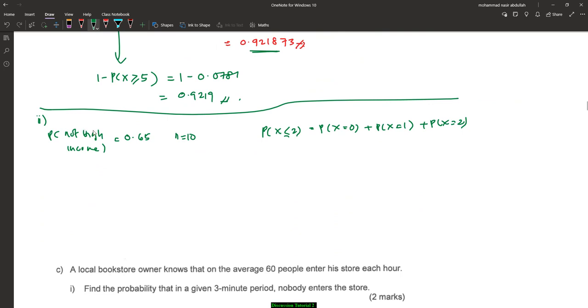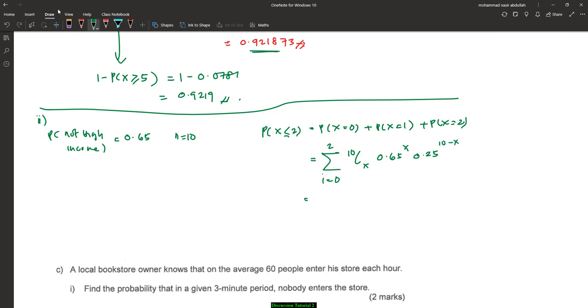The probability of success, 0.65, is not available in the statistical table, so you need to do a manual calculation. So this is from i equal to 0 until 2. This is 10 choose x, 0.65 to the power of x, 0.25 to the power of 10 minus x.